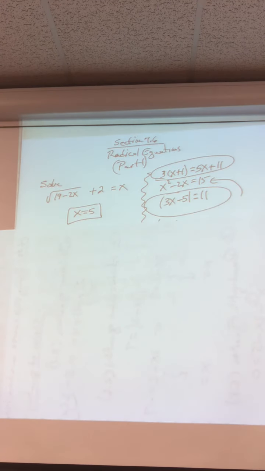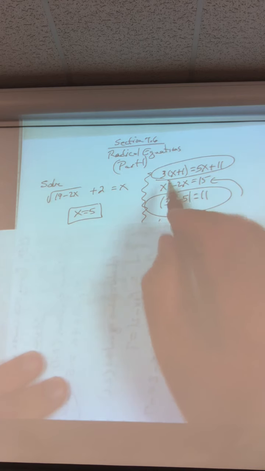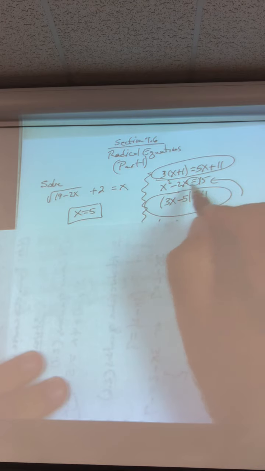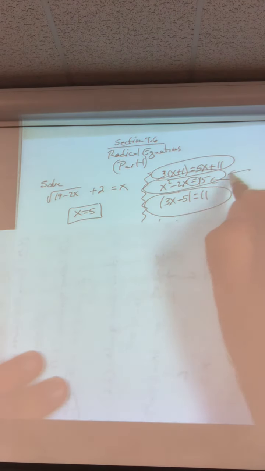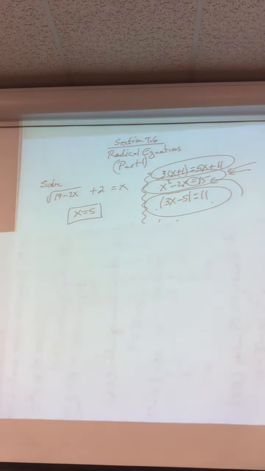This type of equation was called a polynomial equation, but we gave a better name for it. It was a second degree polynomial equation, and we called that one a quadratic equation. So linear equation, absolute value equation, and quadratic equation.